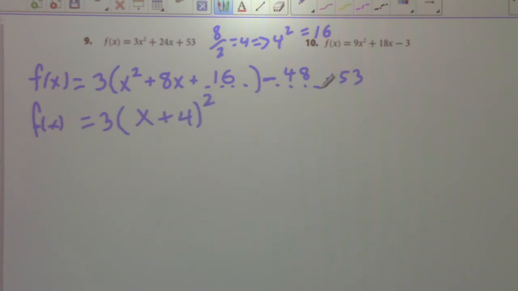And what goes outside here? Negative 48 plus 53, which is 5. And then what you'll do is test to see if this standard form is equivalent with vertex form. I think if you do that, you'll see that they're equivalent. Any questions on this one?